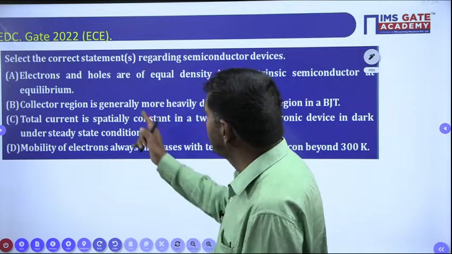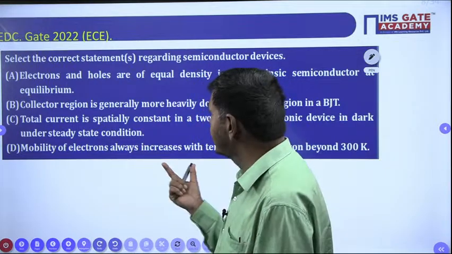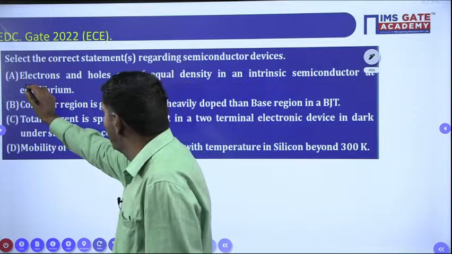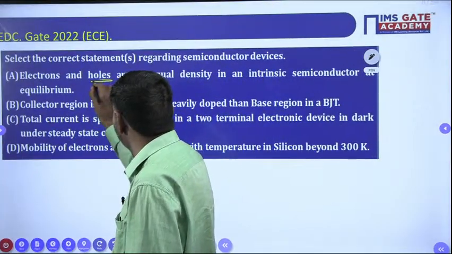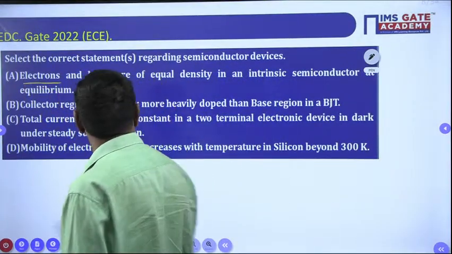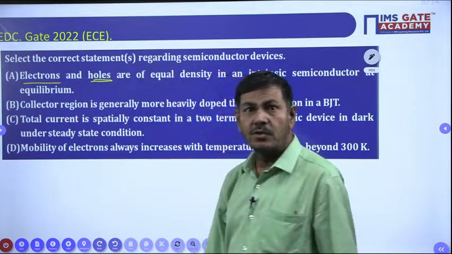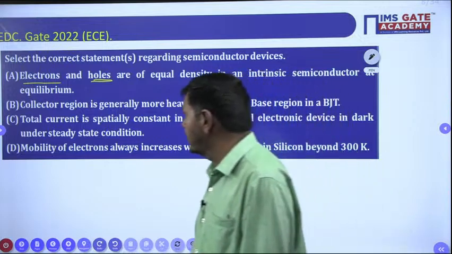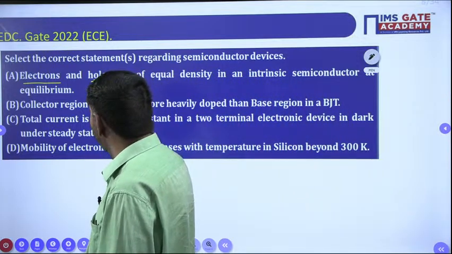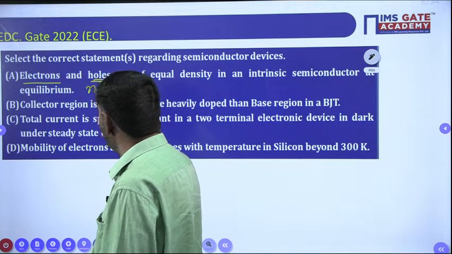100% that statement is correct. What it says: electrons and holes are of equal density in an intrinsic semiconductor. You know very well, for an intrinsic semiconductor, the concentration of electrons and the concentration of holes are equal.